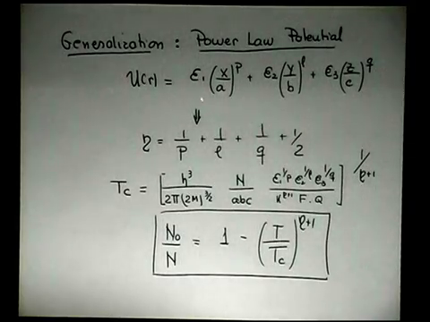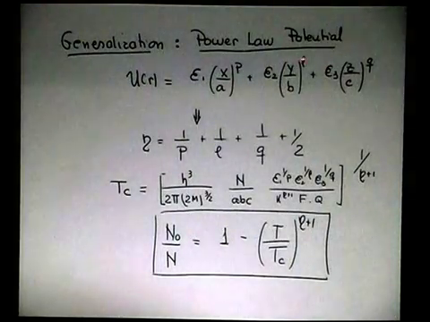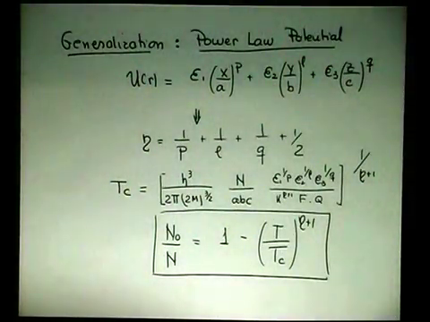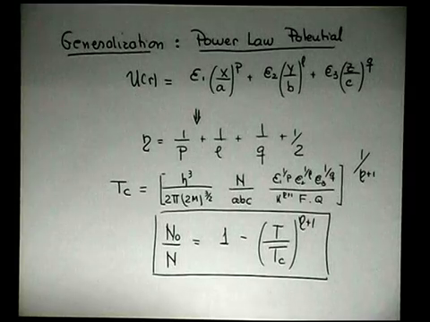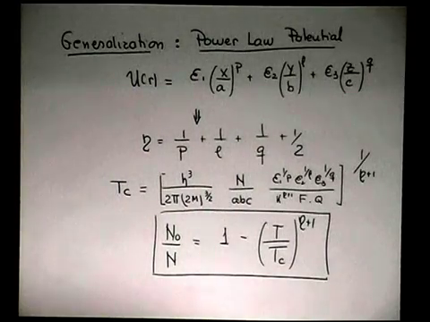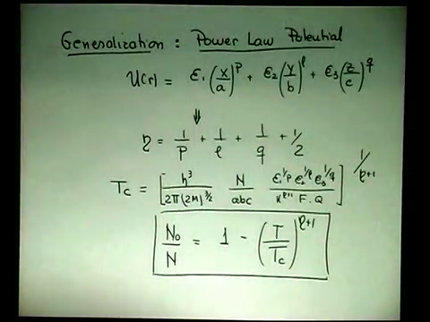No, it's okay. If P, L, and Q go to infinity, you recover what? If P, L, and Q go to infinity, what is this? It's a box. It's zero everywhere and goes to infinity when x just passes a.